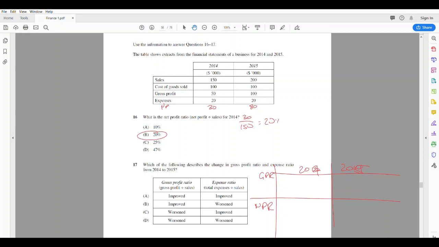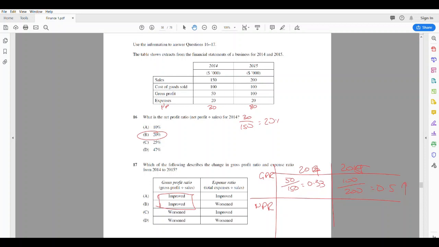So it's our gross profit, 50 over 150 equals 0.33. So that represents for every dollar spent for gross profit, we don't think about expenses, we make 0.33. For 2015, it is 100 over 200 equals 0.5 to 1. So for gross profit ratio, 2014 to 15 looks like it's improved.